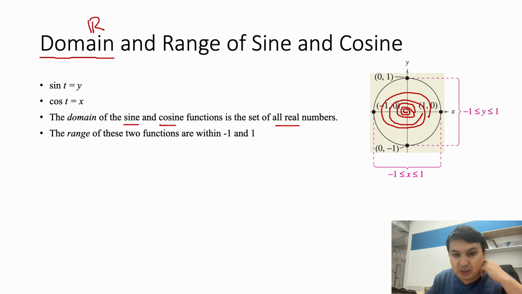But we already saw, for the others, like tangent, cotangent, secant, cosecant, it depends on whether the x or y coordinates are not 0. If you avoid those cases when the denominator becomes 0, they are also defined for almost all real numbers. Okay, how about the range for sine and cosine?